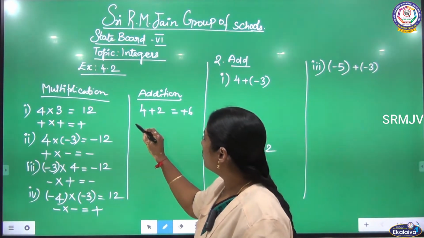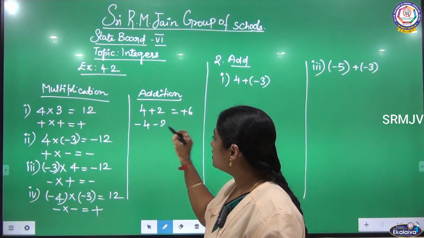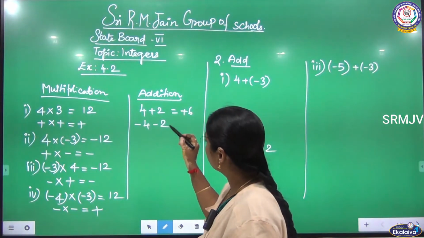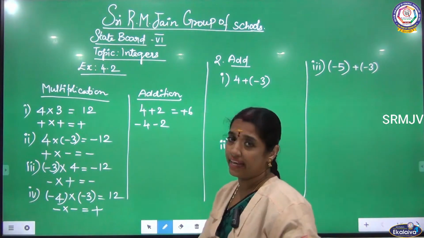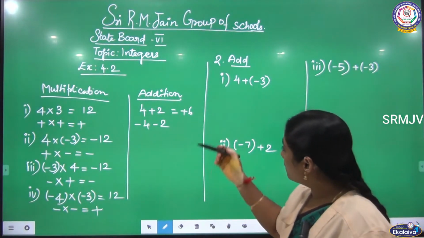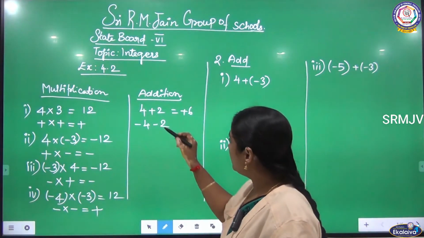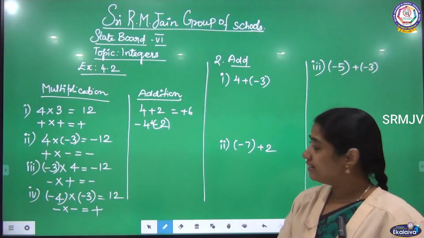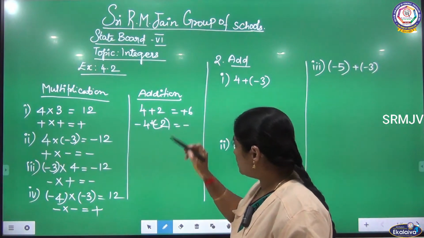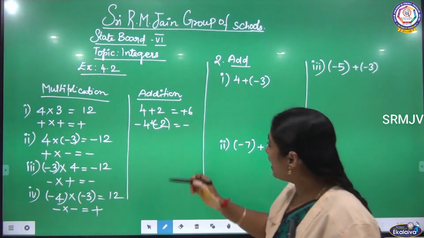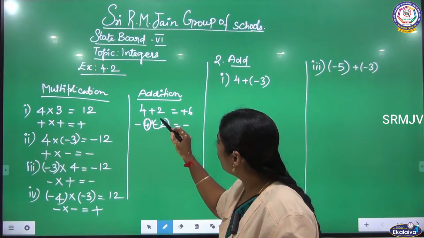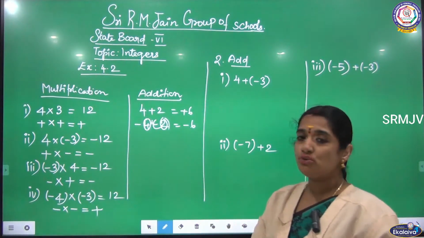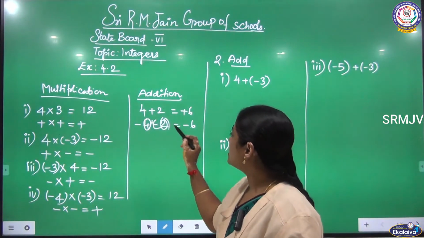Next one, minus 4 minus 2. Minus 4 is a negative integer, and minus 2 is also a negative integer. Suppose I am adding here, I get a negative integer, but what I have to do is add the numbers 4 plus 2, which is 6, and put the sign here.